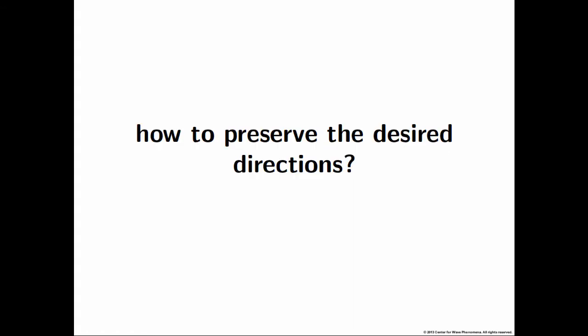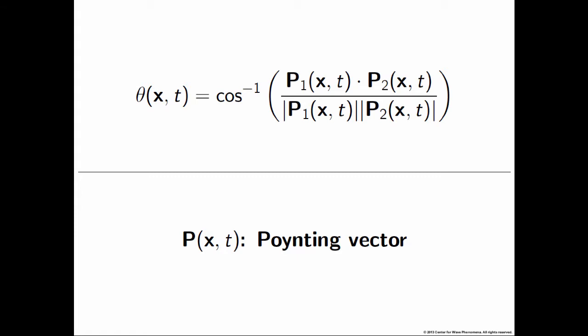So how do we preserve this desired direction? Well, we use the approach introduced by Jung a few years ago in the RTM backscattering removal problem. Here we use the complementary part of that filtering approach.